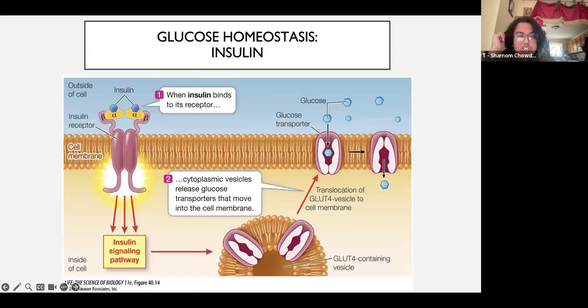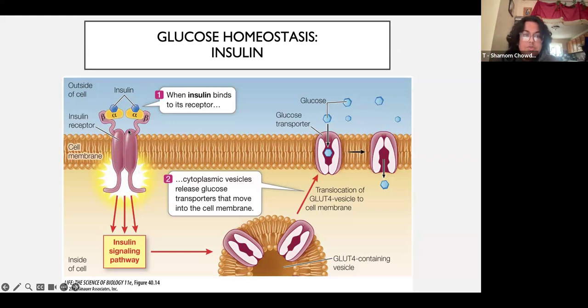Now, glucose homeostasis, we're going to talk about insulin. I'm sure you guys know about diabetes, which obviously also plays a role in the insulin signaling pathway. So for glucose, how insulin works is that you have a receptor in your cell. The receptor is part of your cell membrane.